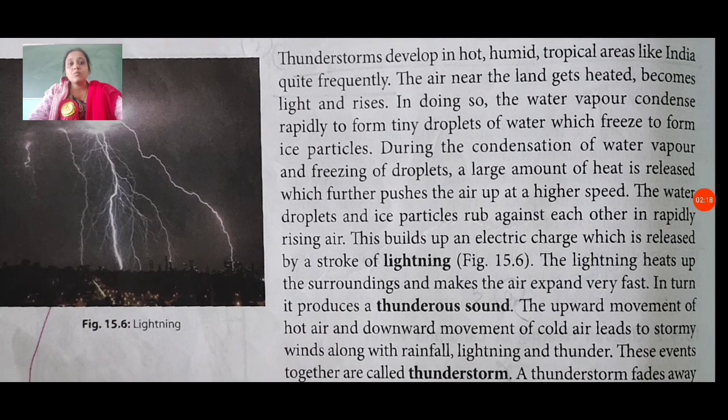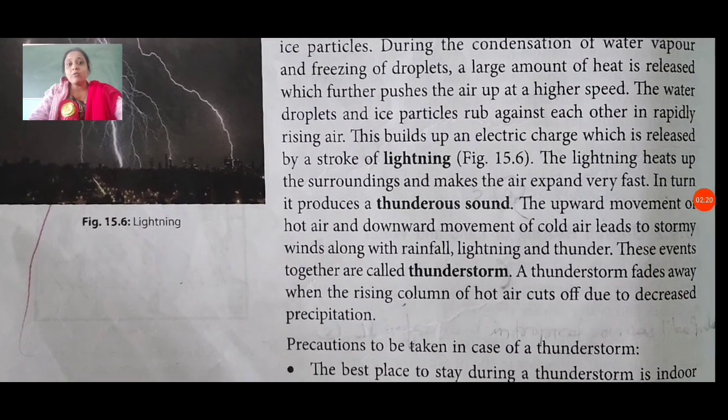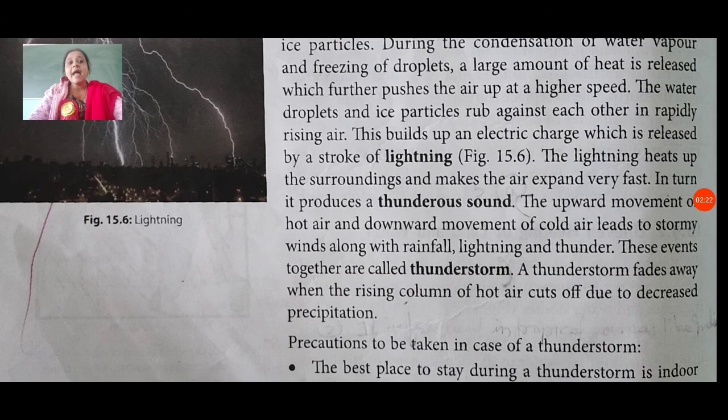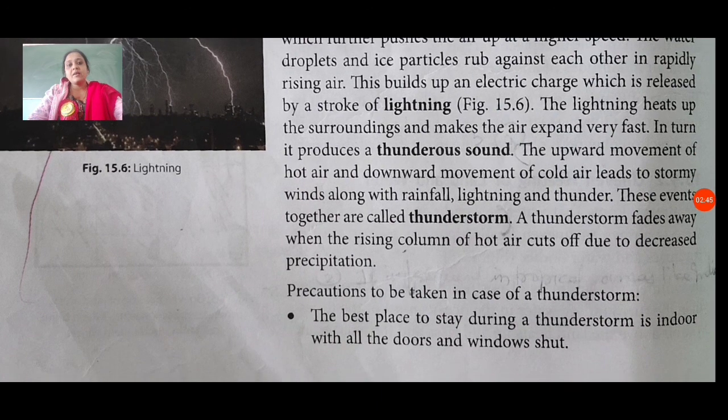The upward movement of hot air and downward movement of cold air leads to stormy winds along with rainfall, lightning, and thunder. These events together are called a thunderstorm. A thunderstorm fades away when the rising columns of hot air are cut off due to decreased precipitation.